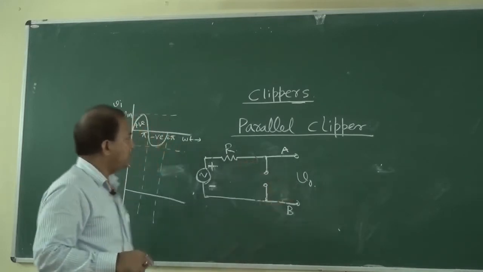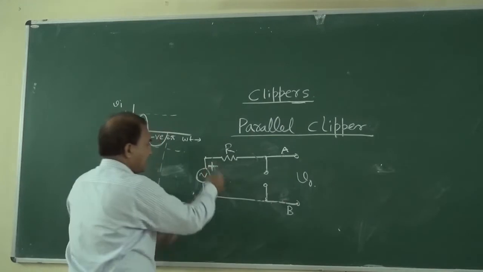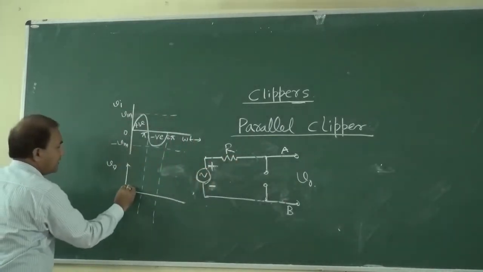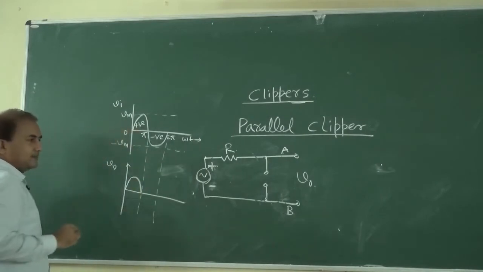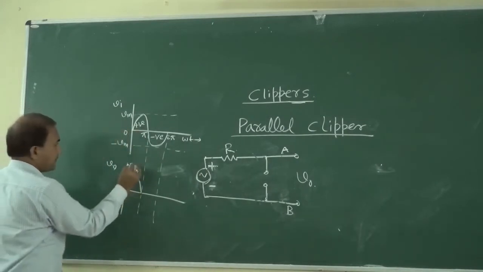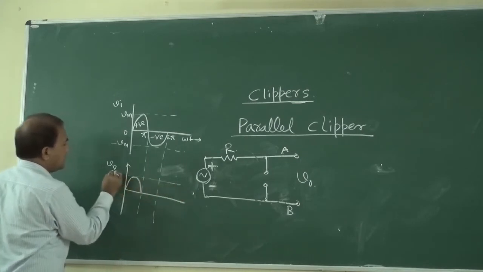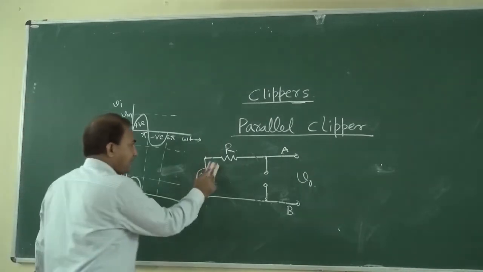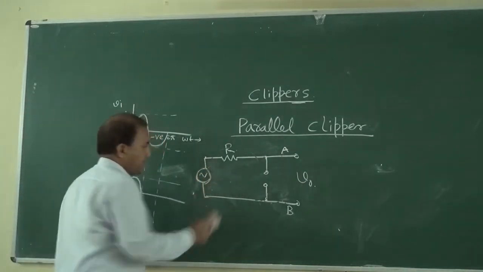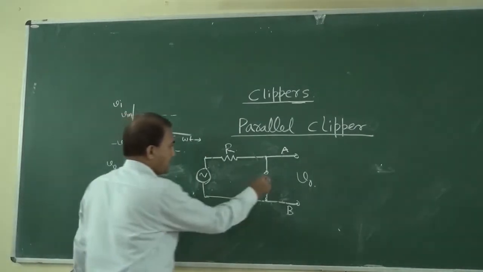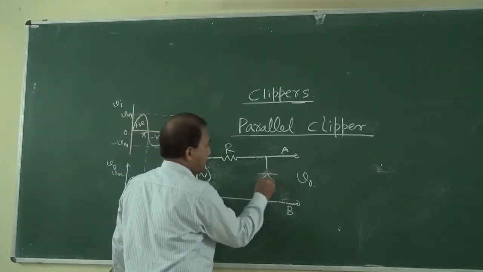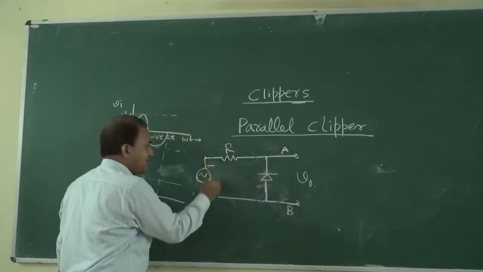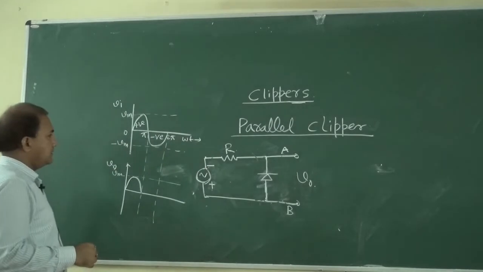So what will be V out? V out will be the same. Here we will get the same signal, and this is Vm. Now during the negative half cycle, here it is minus and here it is plus.